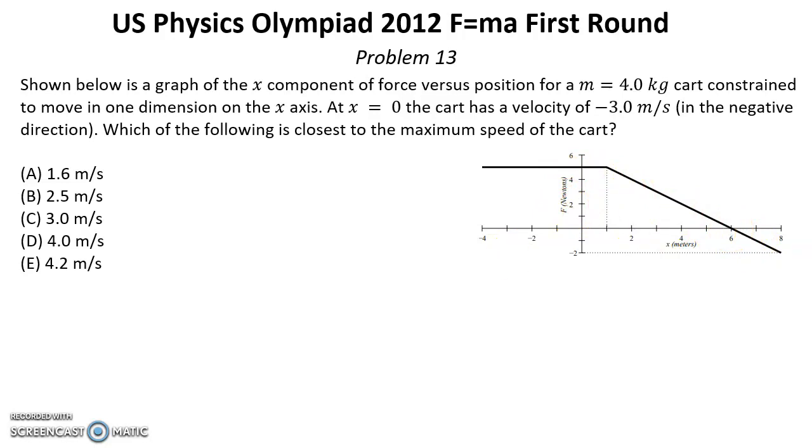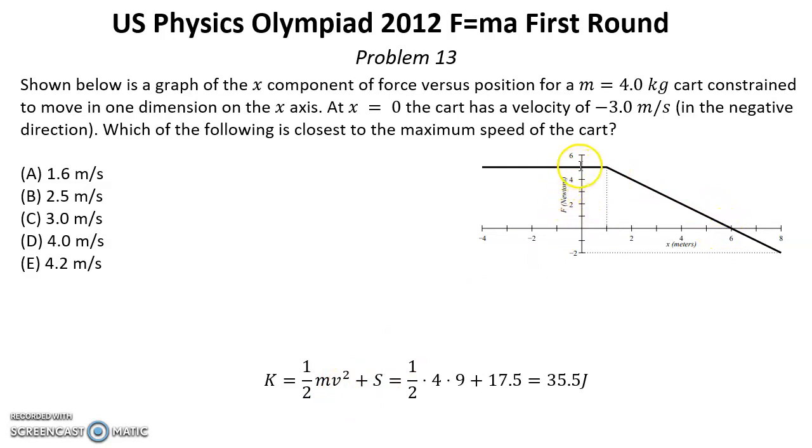And we need to count the initial energy, which corresponds to speed 3 meters per second. So total kinetic energy equals initial kinetic energy plus work done by this force.